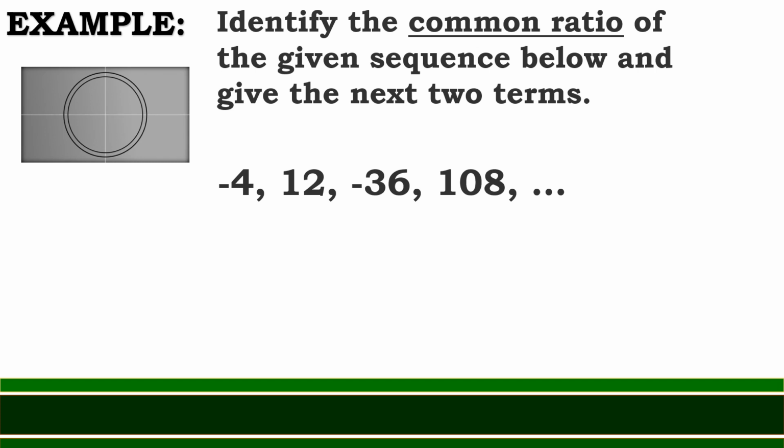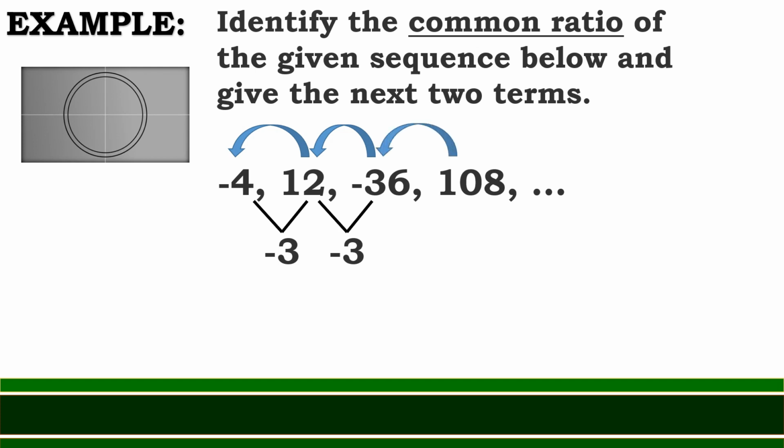Okay, so identify muna natin yung ating common ratio. 12 divided by -4 will give you -3. -36 divided by 12 will give you also -3. 108 divided by -36 will give you also -3.